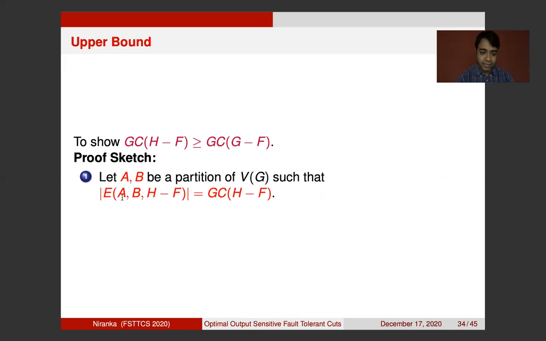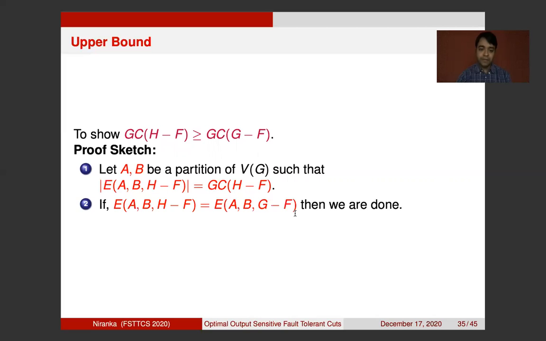This is essentially taking the partition A and the partition B in the graph H minus F, and E of this quantity is nothing but the edges with one endpoint in A and the other endpoint in B, so the cut edges which partition A and B into two different components. This is the meaning. And suppose this A and B are the partition which gives you the global min cut of H minus F.